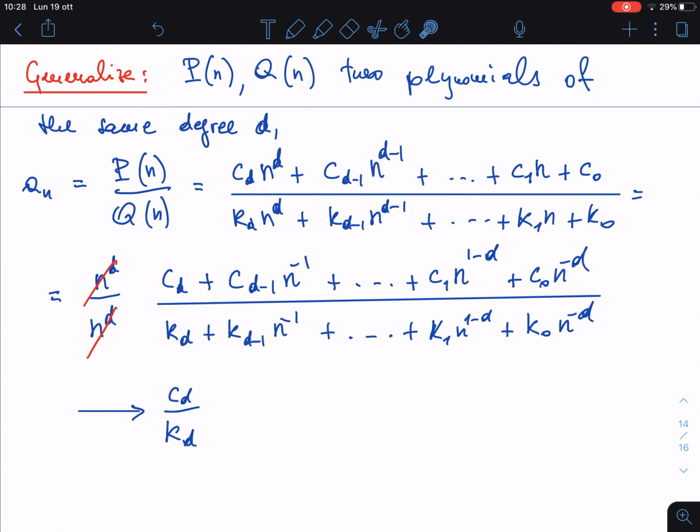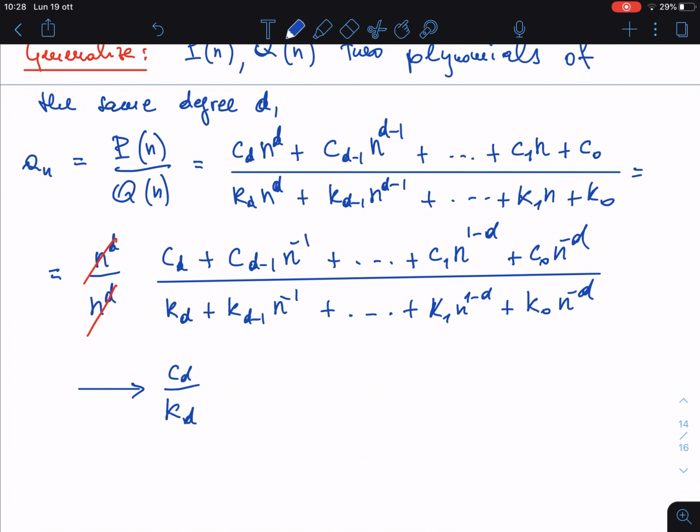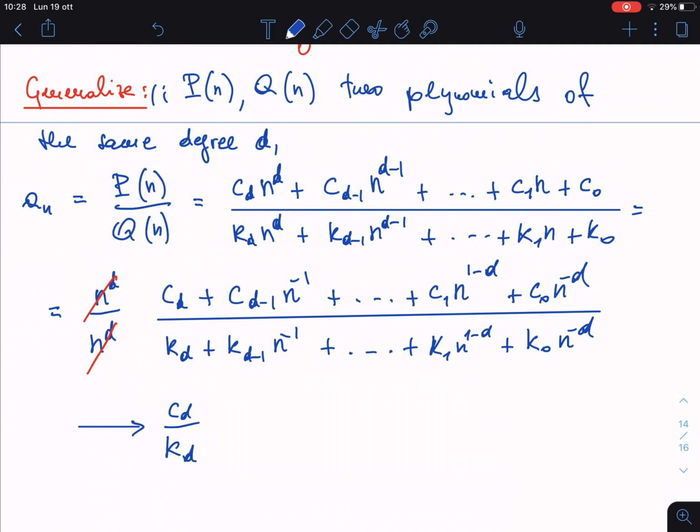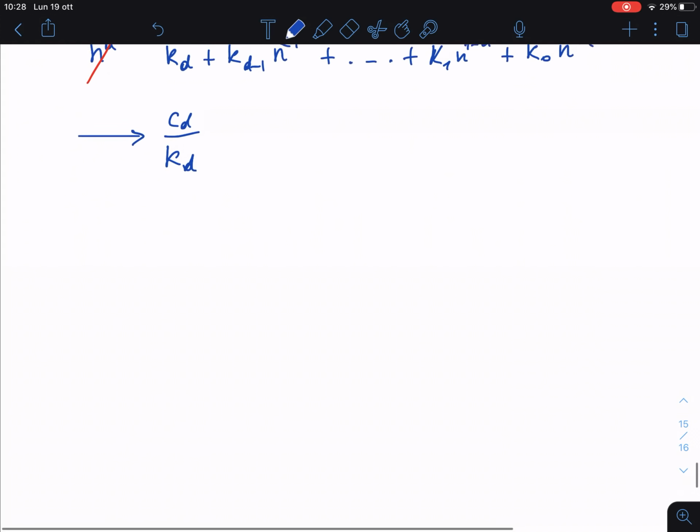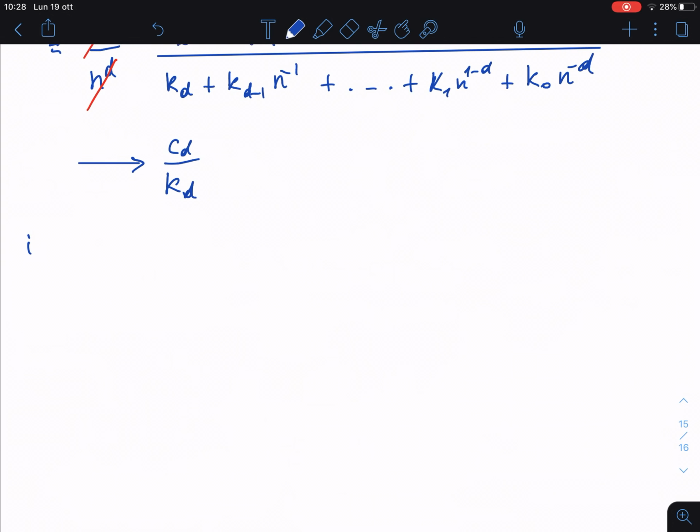Okay, this is the case in which you have to deal with a ratio of two polynomials of the same degree, but there is another case. This was the first case. A second case that we can already treat is when the degree of the numerator p is less than the degree of the denominator q.